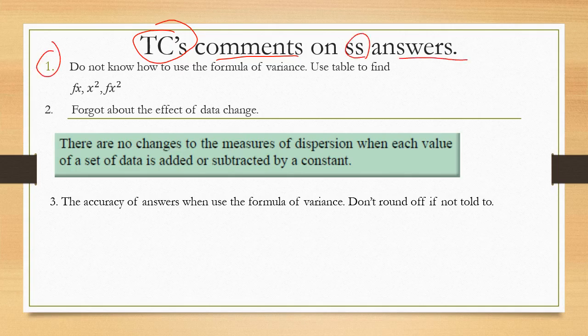First, some of you do not know how to use the formula of variance, and actually you can use a table to find all these values, because they are inside the formula. Later we'll see the formula.